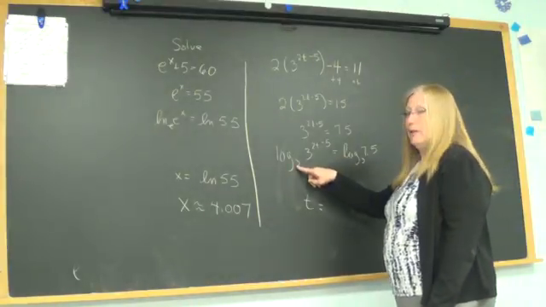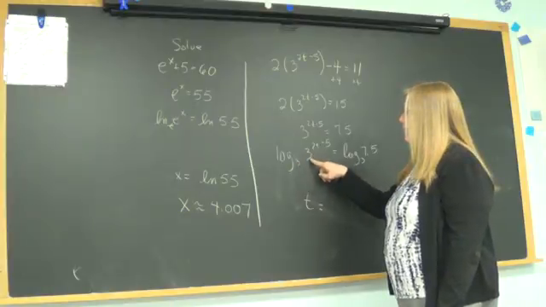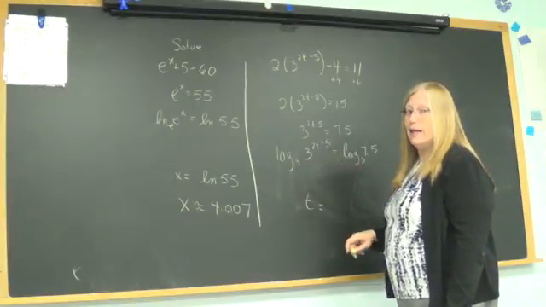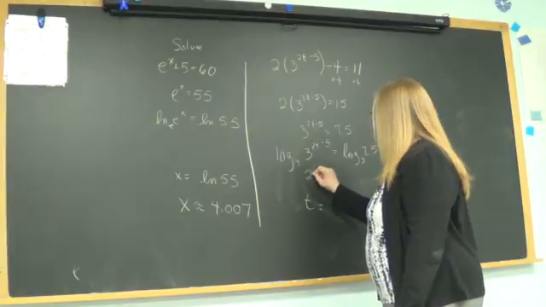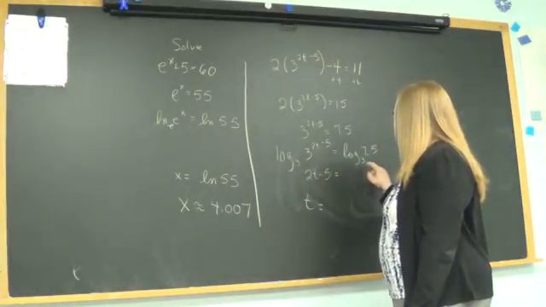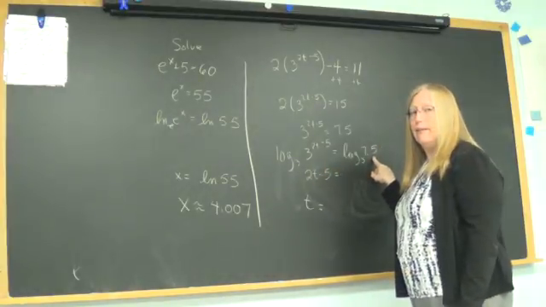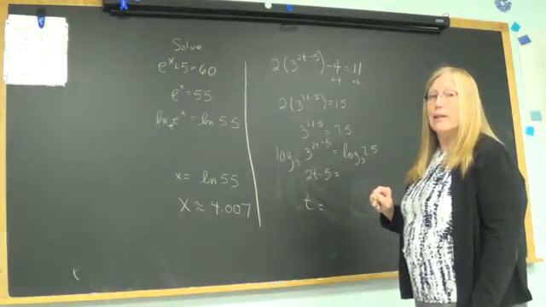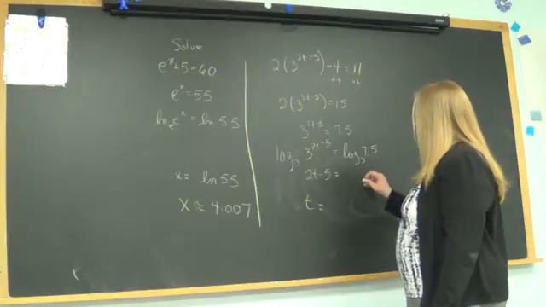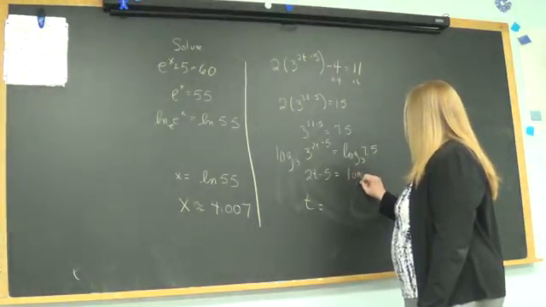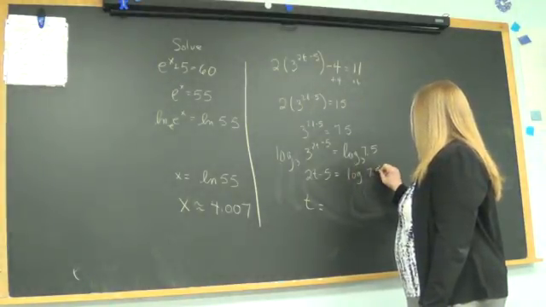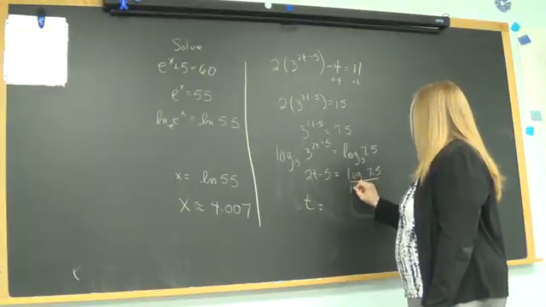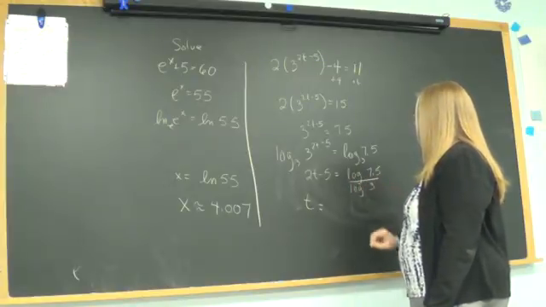So what exponent do I give 3 to get 3 to the 2t minus 5? 2t minus 5. Now log base 3 of 7.5 is not on my calculator directly, but we just learned how to change the base. So I can do it as log of 7.5 divided by log of 3.